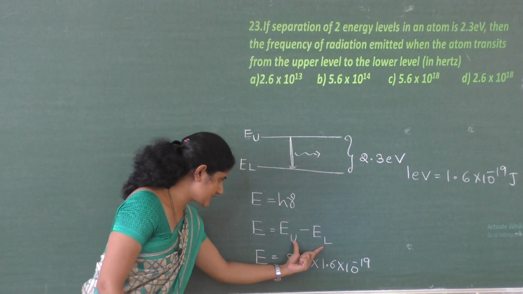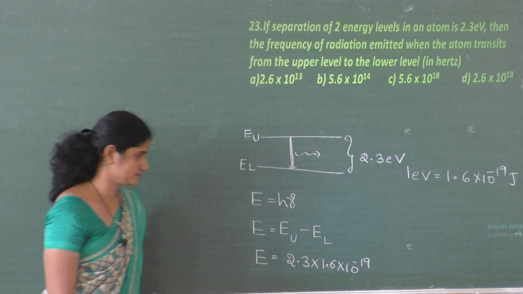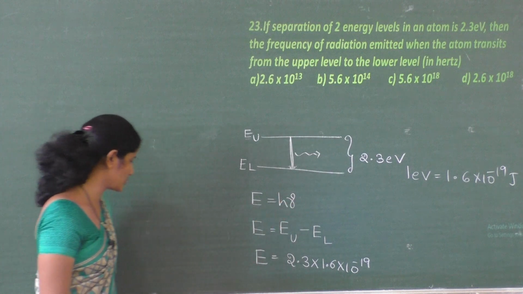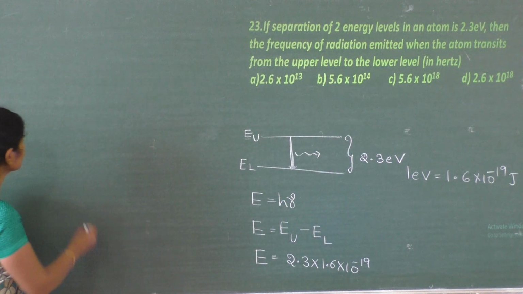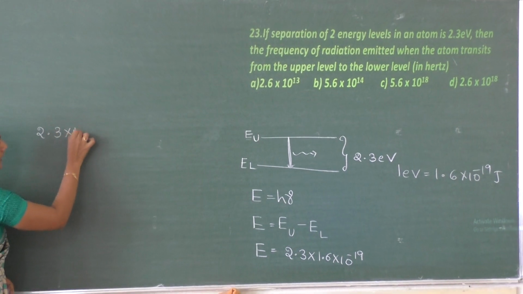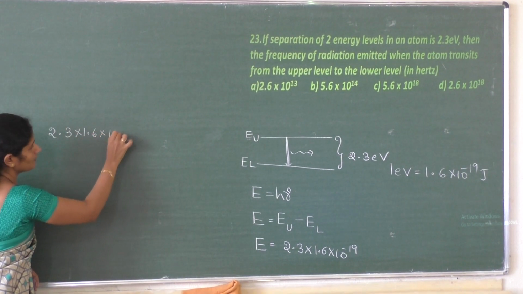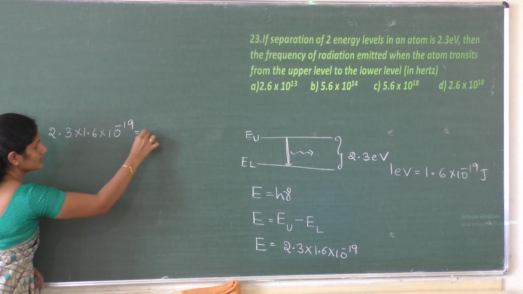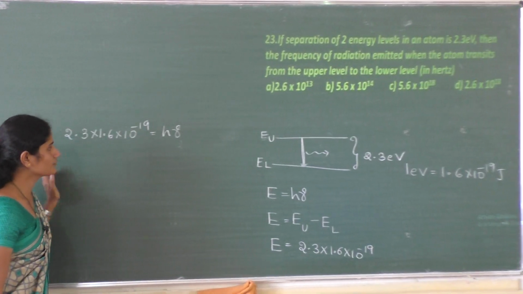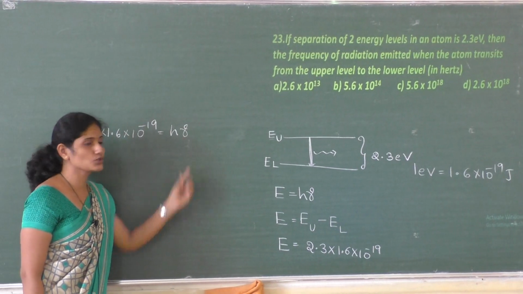So this energy is equal to h nu. So this difference must be equal to h nu. Therefore 2.3 into 1.6 into 10 to the power minus 19 is equal to h nu. We have to calculate the frequency, that is nu.